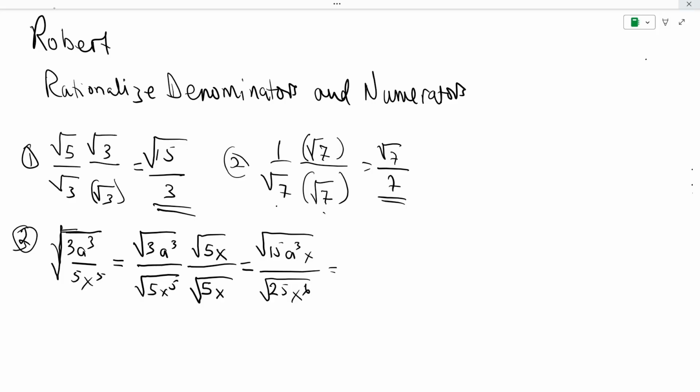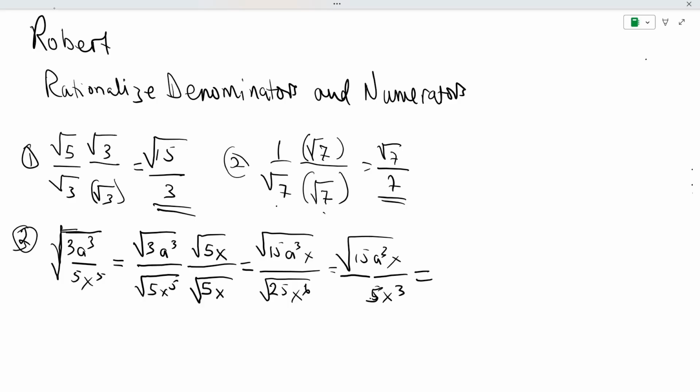Therefore, this will give us 15a cubed x divided by 25 times x cubed... close to the end, this is a to the power 3.